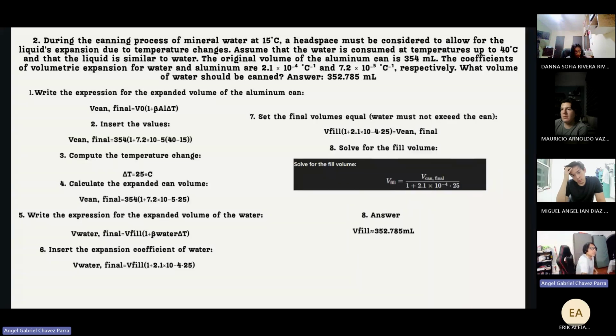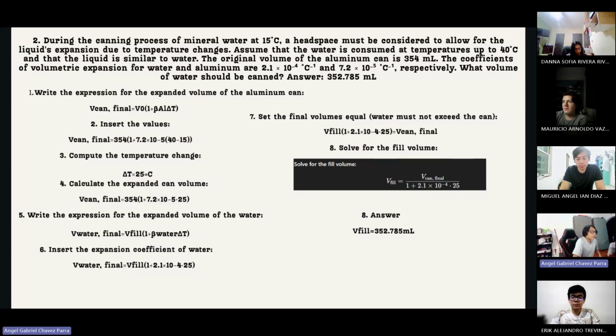The coefficients of volumetric expansion for water and aluminum are 2.1 times 10 to the minus 4 and 7.2 times 10 to the minus 5, respectively. What volume of water should be contained? Answer: 352.785 ml.